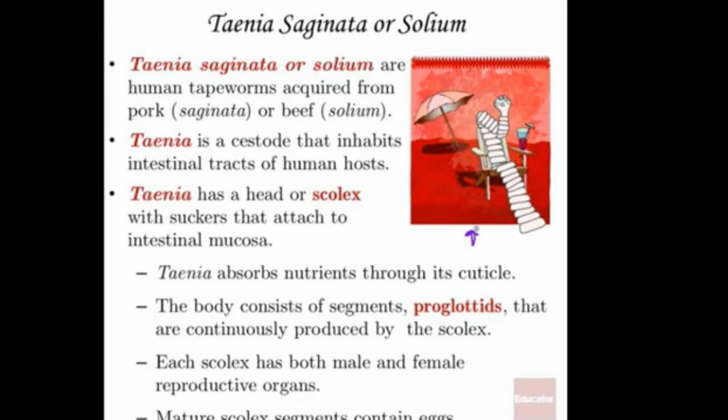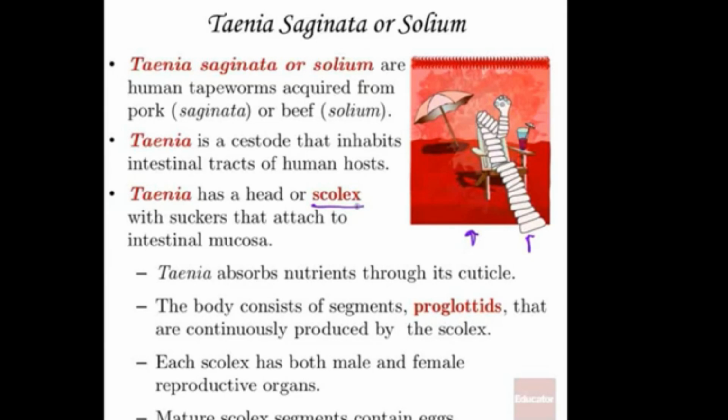So these organisms have these segments, these proglottids, and they're like a ladder or like a snake or even a vertebrae, right? Section by section, they get added to this organism, and they just keep elongating. And the scolex is the part of the organism, we'll see on the next slide, that actually hooks into the intestinal mucosa.